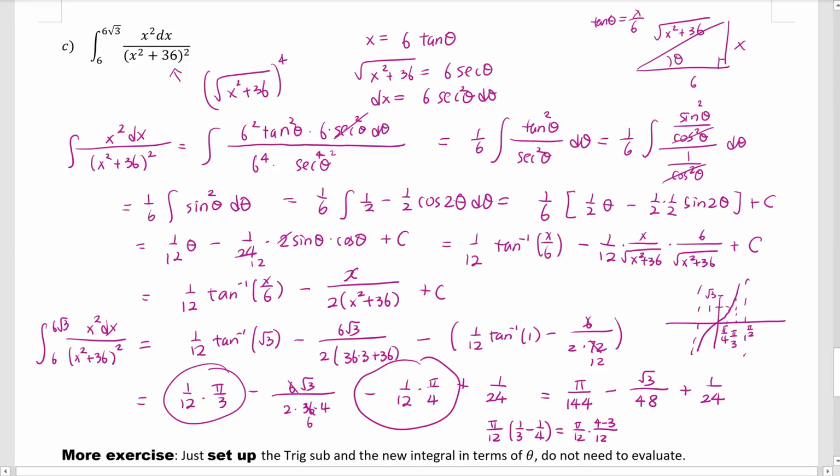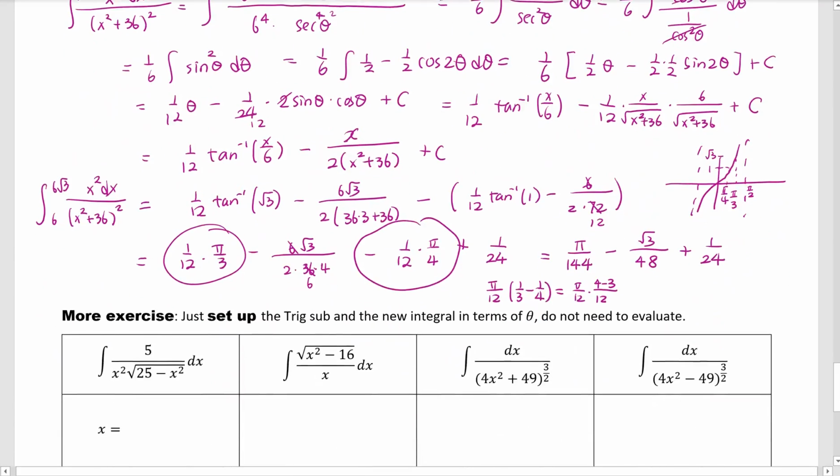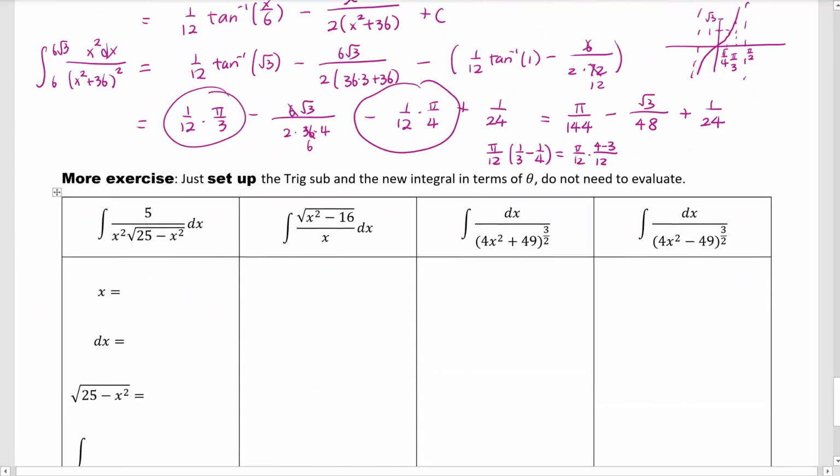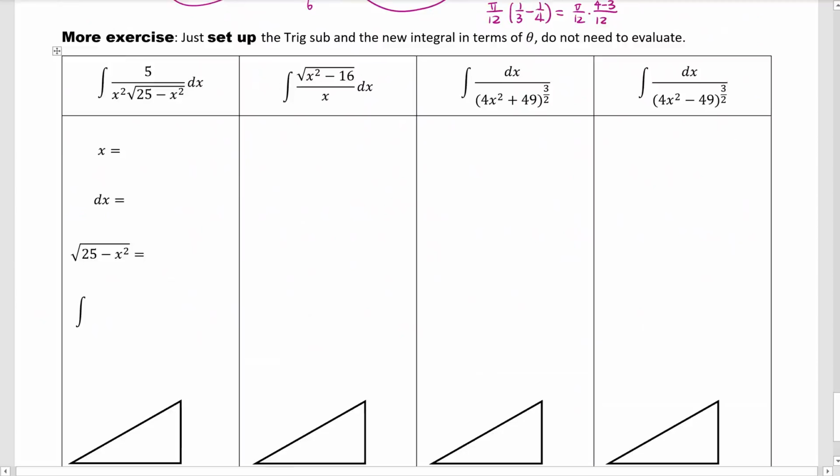Okay, more exercises. Just set these up. Set up the trig substitutions and the new integrals in terms of theta, but you do not need to evaluate. So let's just look at the integrand. The first, we have the square root of a constant minus x squared. Which trig substitution should we use?